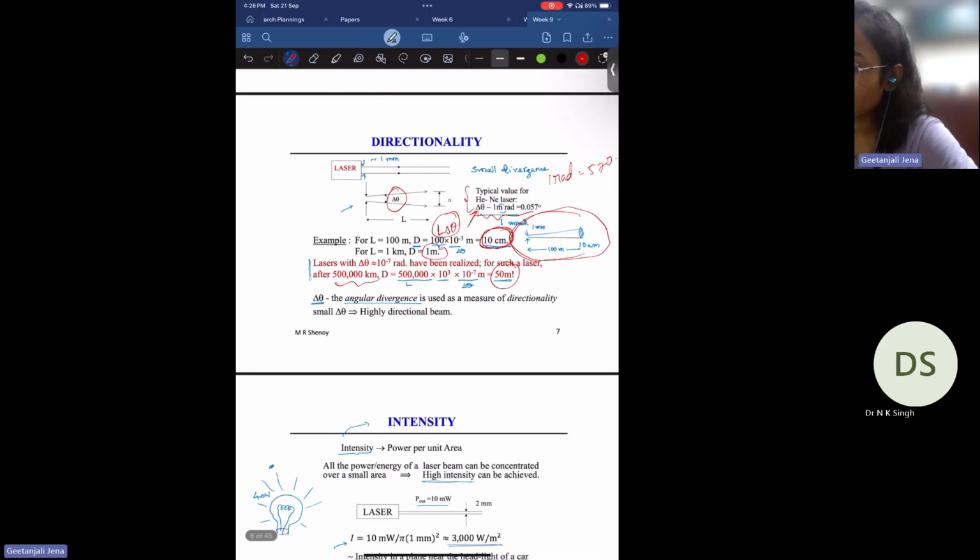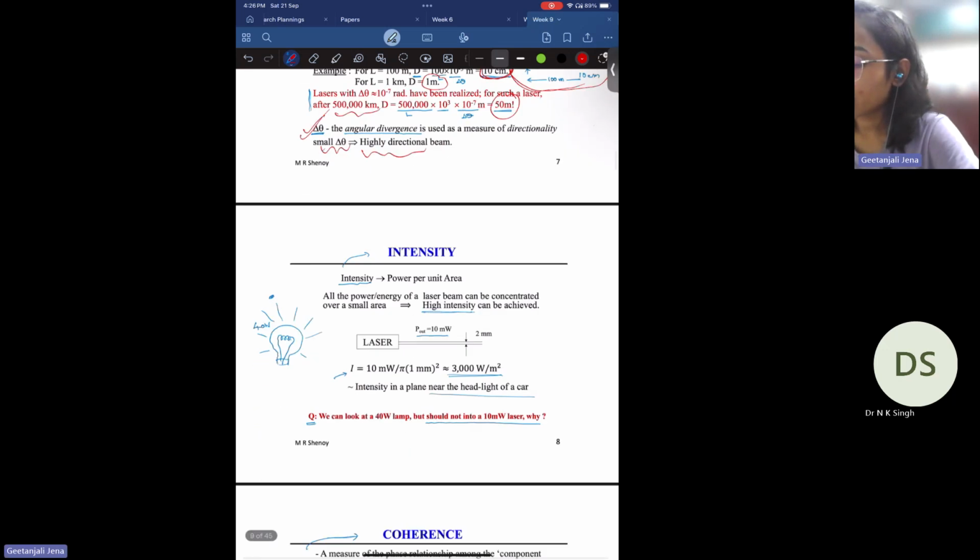To define the directionality of the laser, we calculate its angular divergence, which is a measure of directionality. When we say the laser is highly directional, we mean that the divergence angle is much, much less. So a small delta theta defines a highly directional beam.